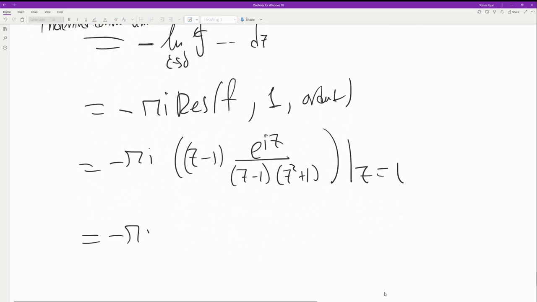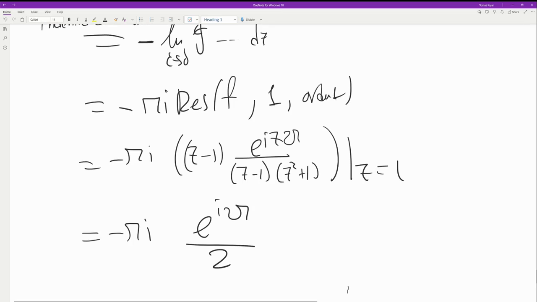So this is i pi times e to the 2 pi i, divided by 2. If you do the computations, it's 1 plus 1, so you get 2, and this is 2 pi.